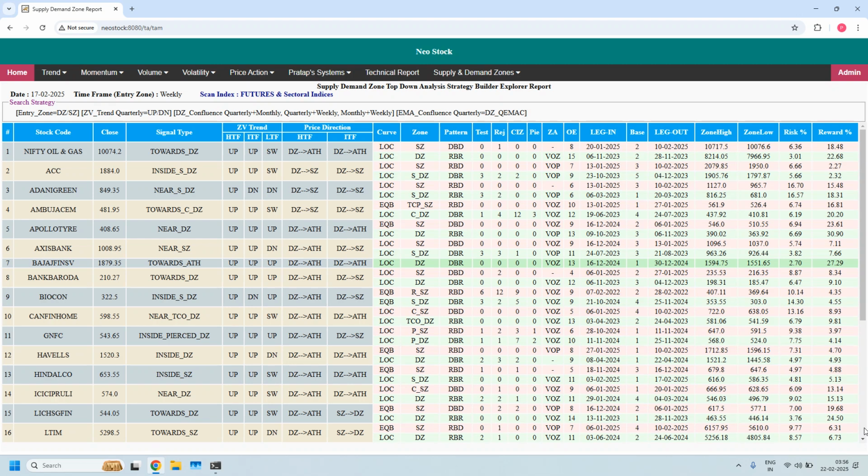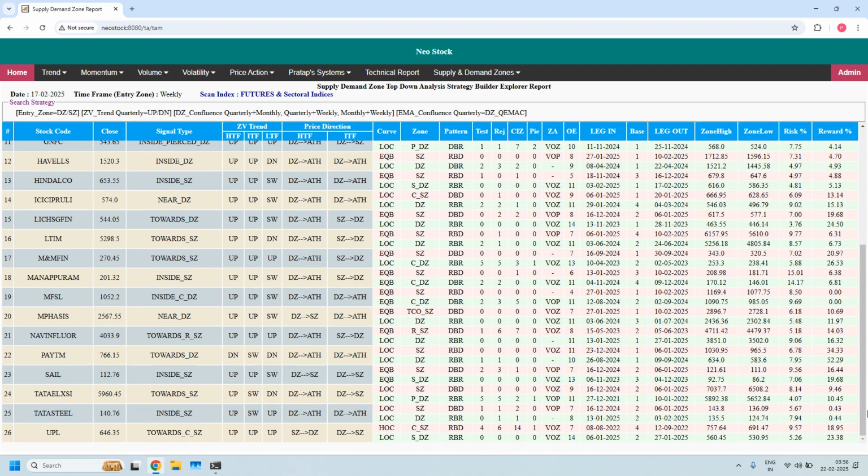I am scrolling the list down. So all these 26 weekly demand zones are high probability setup related zones, because these weekly zones are fine-tuned zones inside the quarterly demand zone.